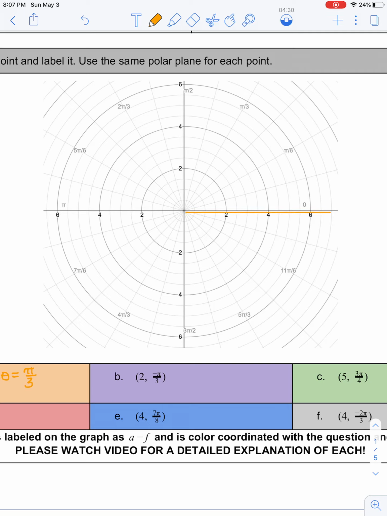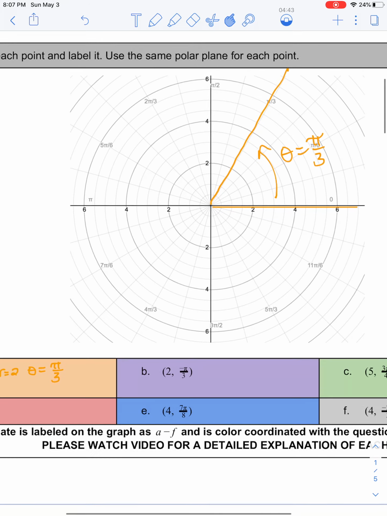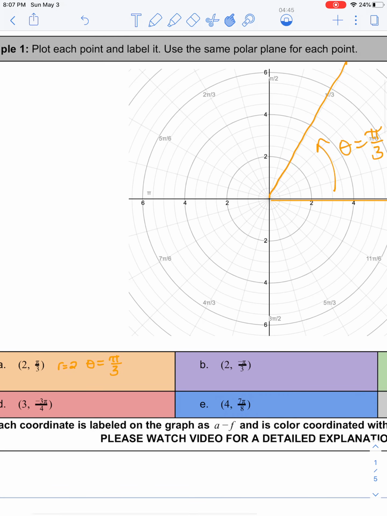If I need to build an angle measure of pi over 3, I need to be plotting along that radial line, and where specifically is given to us by the radius. We have a radius value of 2, so we need to be 2 units away from the origin on the radial line that corresponds with pi over 3. So there's our point A.